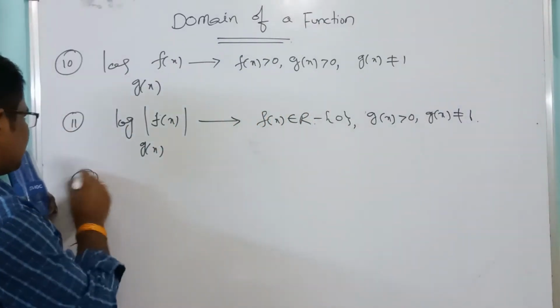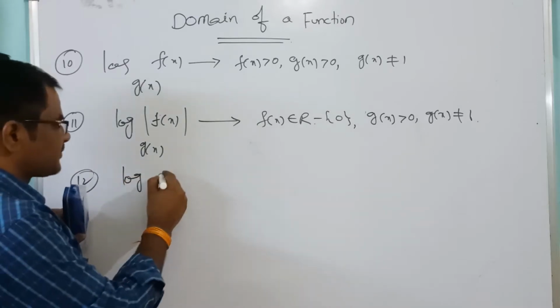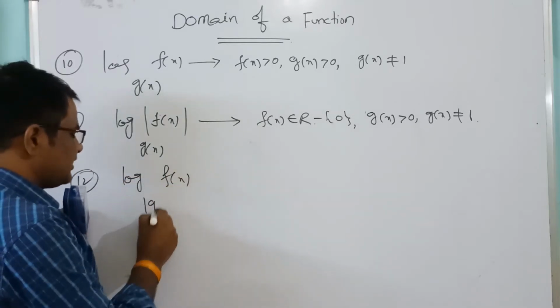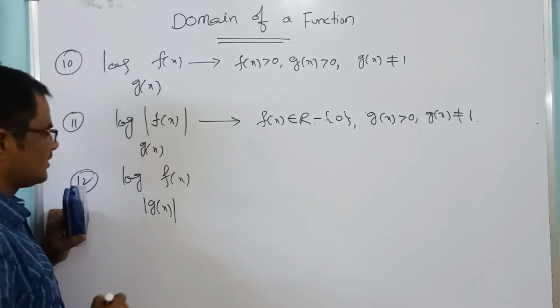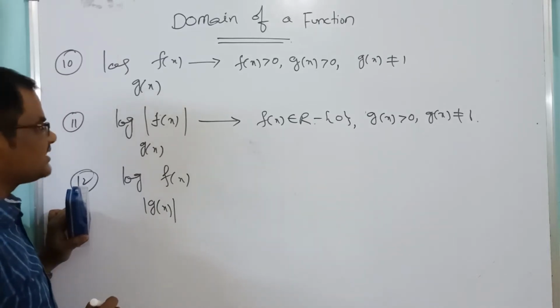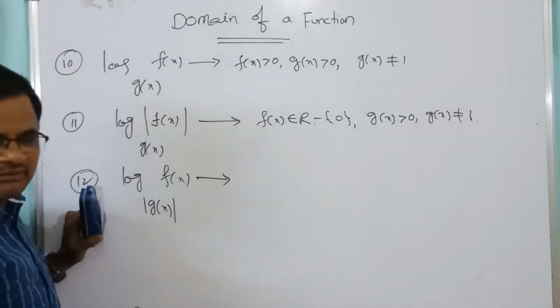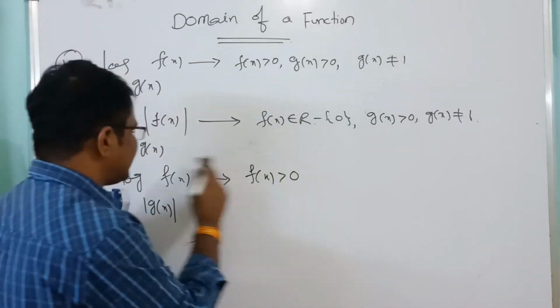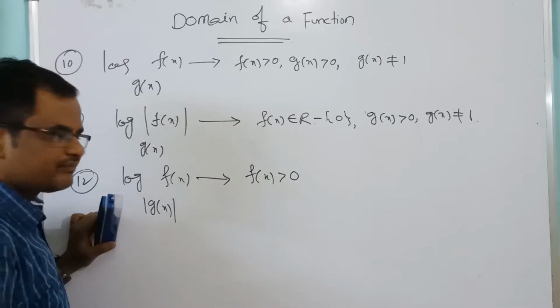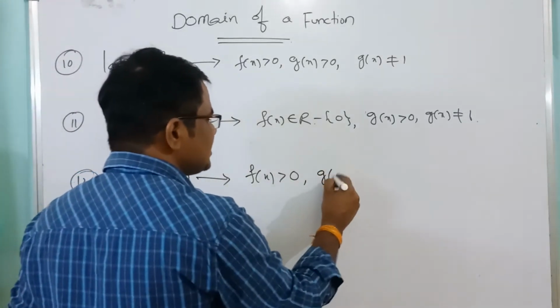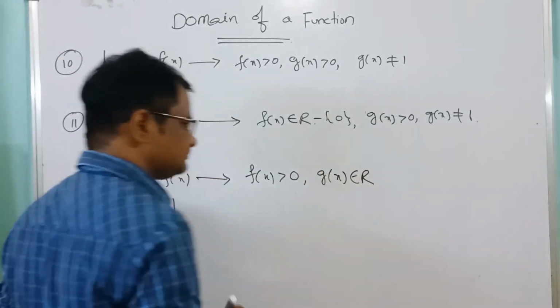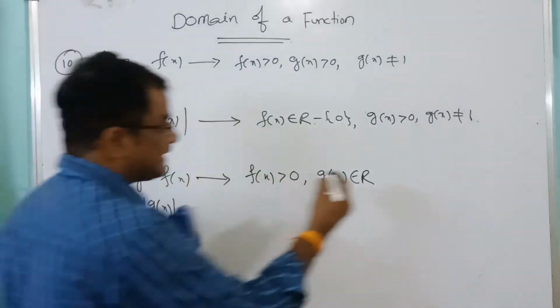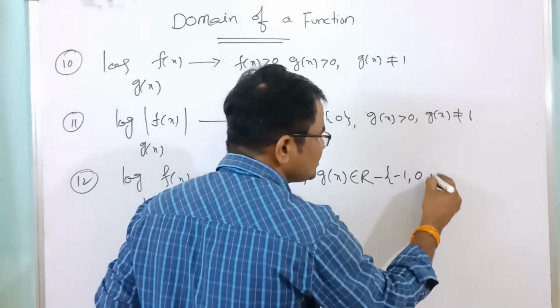Next, the 12th one: log of f of x mod g of x. How do we get the condition here? f of x is definitely greater than 0, because there is no mod on it. And g of x belongs to the real numbers, but except -1, 0, 1.